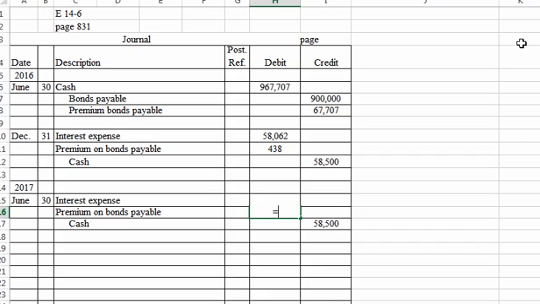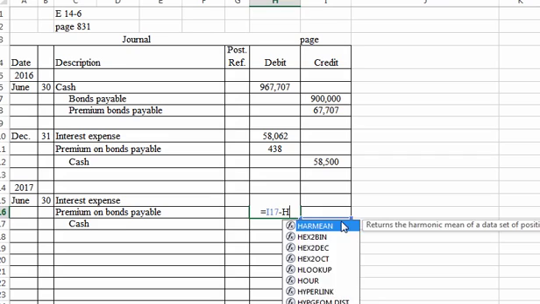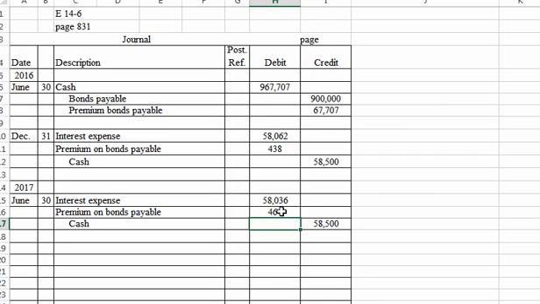Now the premium is going to be equal to $58,500 minus that one. We get $464 here.